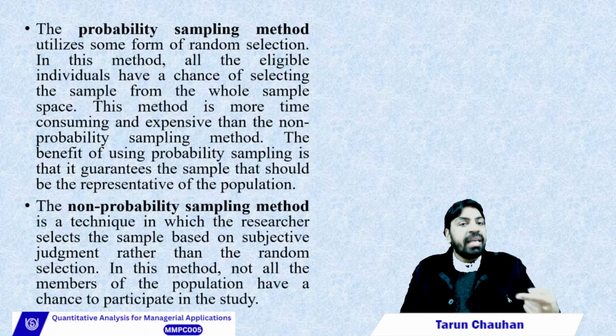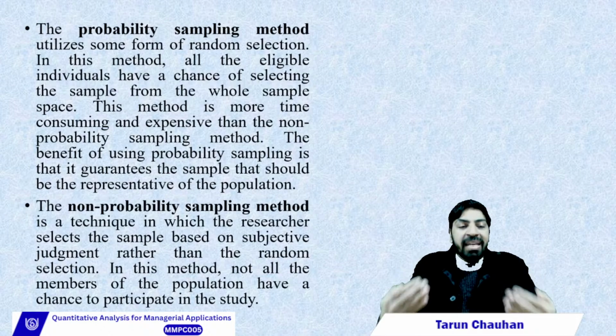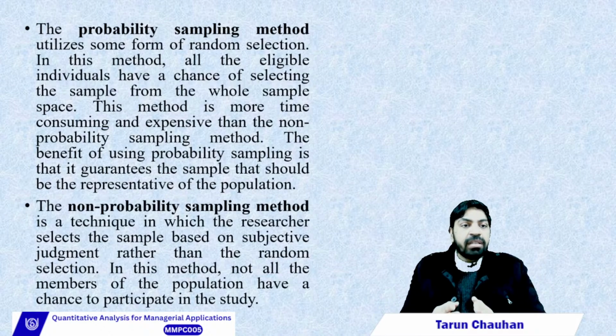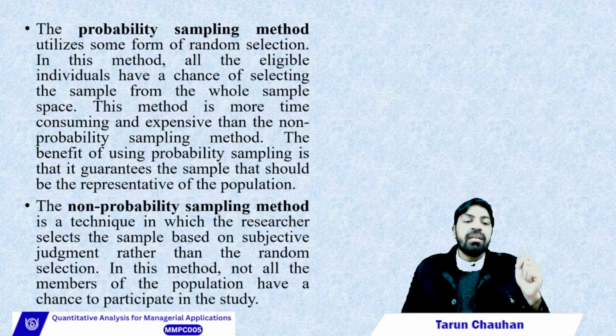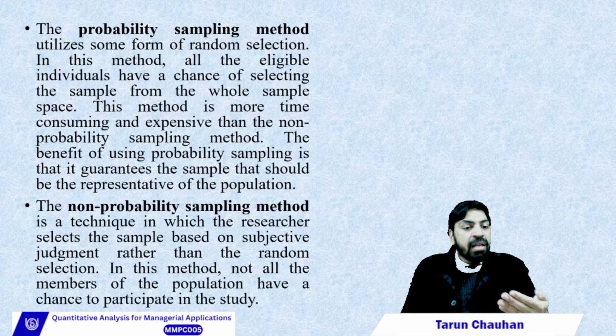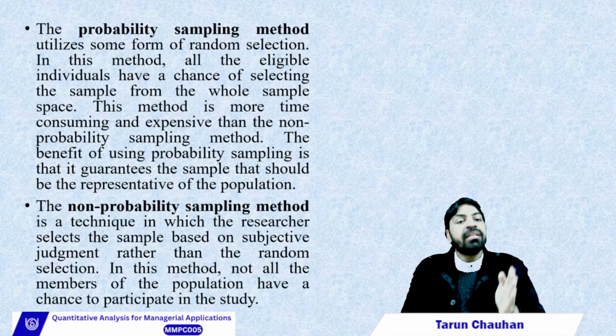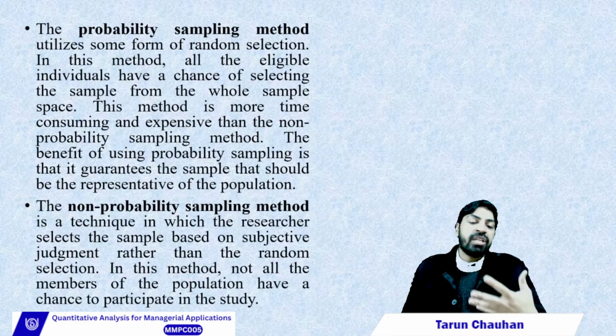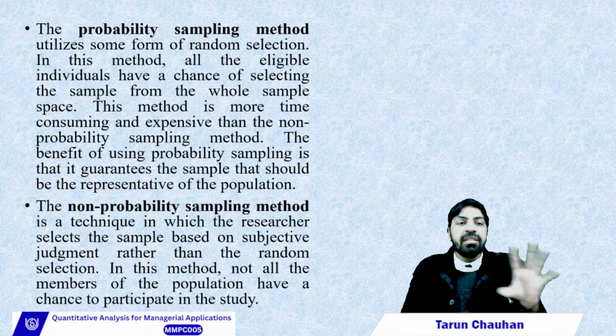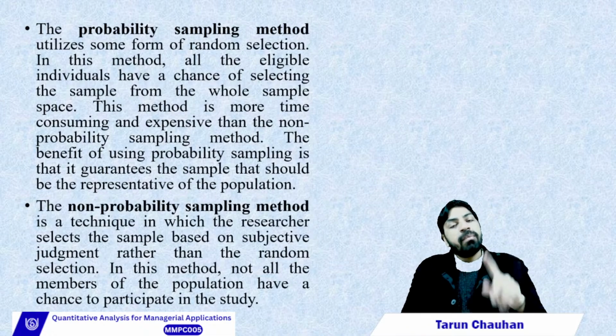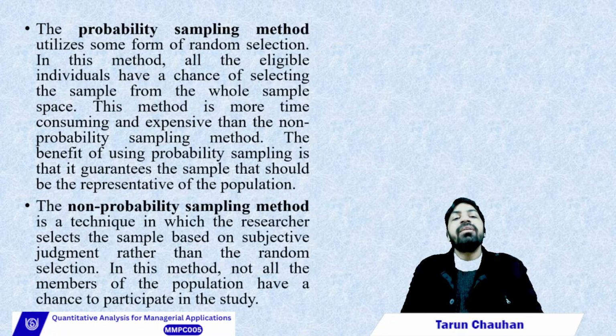In probability sampling, whatever members are selected have an equal chance to be involved as a sample in a given study. But in non-probability, all the members may not get an equal chance. In fact, they will be selected based on judgments, subjective in nature. So this is the basic difference between the probability sampling method and the non-probability sampling method.